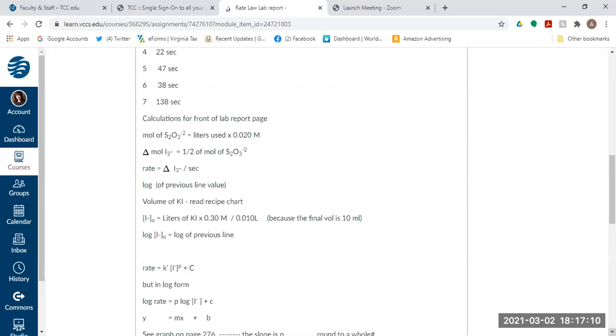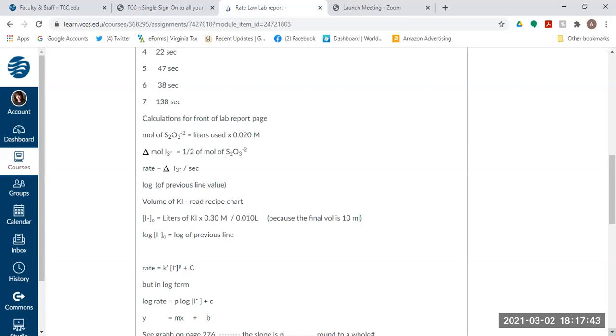To do your iodide concentration, this is a little bit of a dilution problem because we're going to take liters of KI, make sure you move your decimal place, multiply it by 0.3 molar. And because if you actually read horizontally across your recipe chart, you would notice that the volume of everything once it's all added together is 10 mL.